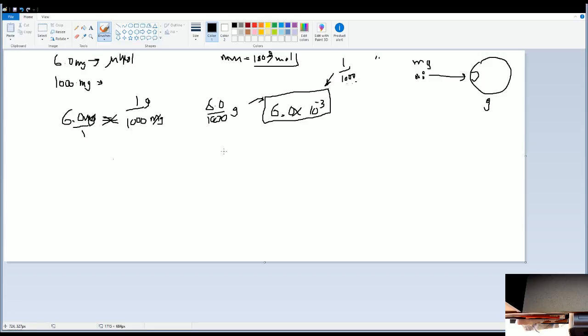But so now you have this number, and you want to go to moles. So you have this many grams, 10 to the negative 3. And you multiply, well, you have something grams per mole.